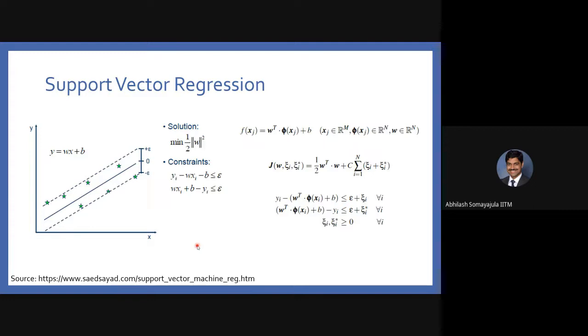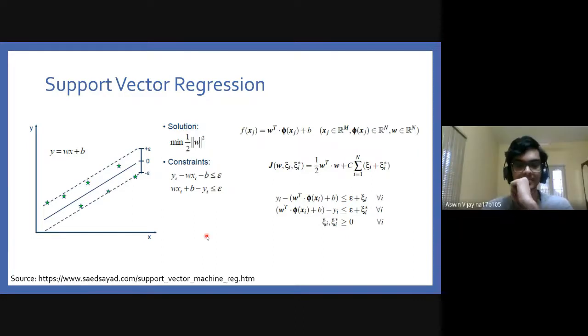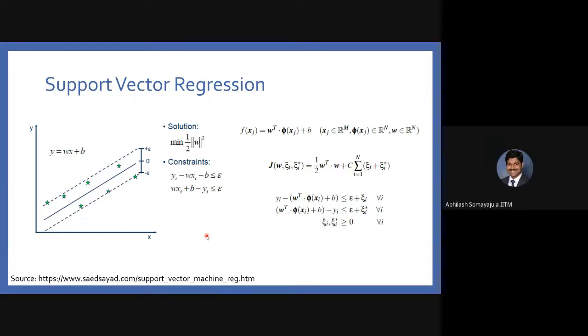Yes. I do have a question though. When you say that yi minus w times xi minus b is less than or equal to epsilon, here we are trying to put a linear line through it, isn't it? If it's a nonlinear line, if I take a kernel function, then the problem is that I don't know what those weights now represent.